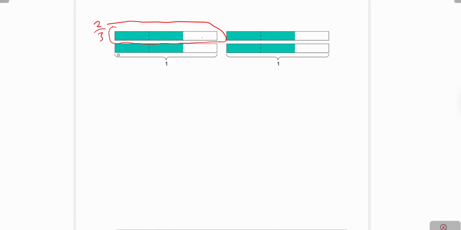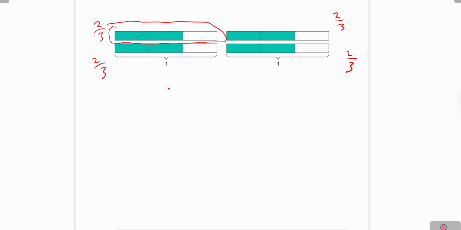Well, there's another 2/3 over here, another 2/3 here, and another 2/3 here. So this is showing that there are 1, 2, 3, 4 groups of 2/3, or you can also say 4 copies of 2/3.